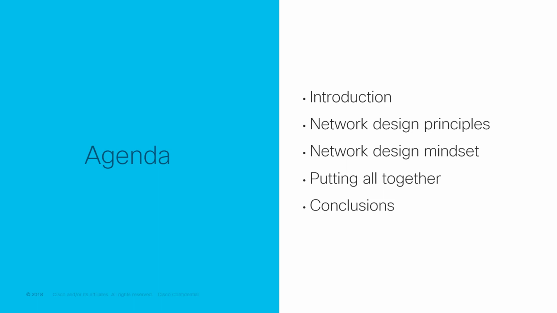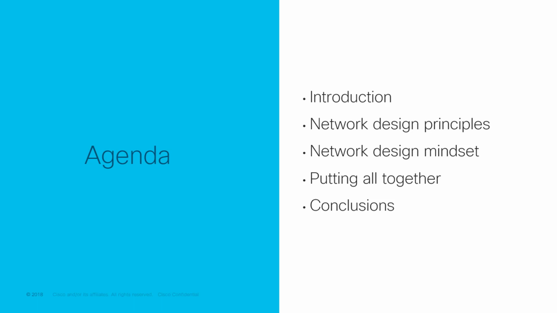So, the agenda for today. We're going to give a brief introduction: why do we need the network design principles, where can we apply them, and specifically, what are they? How do we take these principles and apply the so-called mindset, which is a different way of seeing things, of analyzing the information we are given, and come up with a proposal?